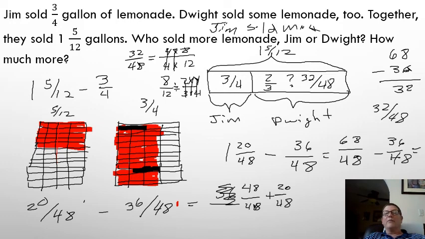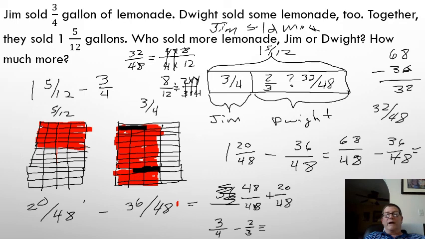Now it says how much more. I don't know why my pen isn't working very well right now. So now in order to figure out who sold how much more, we have 3/4, since that's the larger one, minus 2/3.